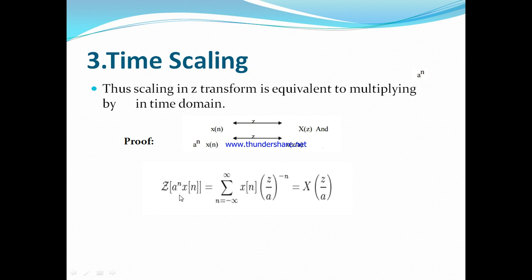The Z transform of a power n into x of n equals sigma n equal to minus infinity to infinity x of n into z power minus n divided by a power minus n. Because of a power n, we can write z by a into the whole power minus n. So here, sigma n equal to minus infinity to infinity x of n into, instead of z power minus n, we have z by a. So we write X of z by a.